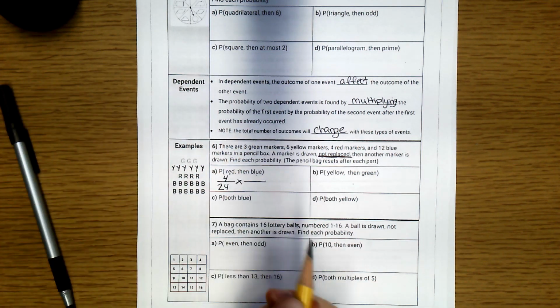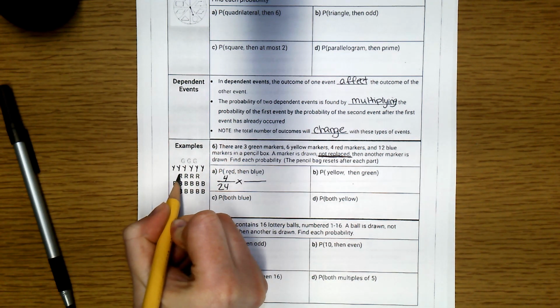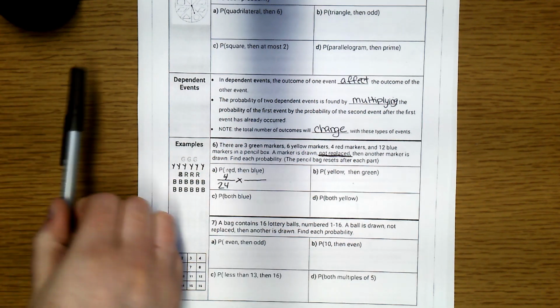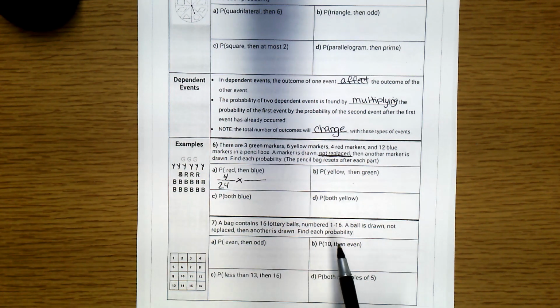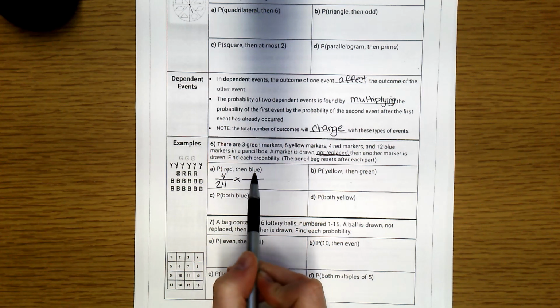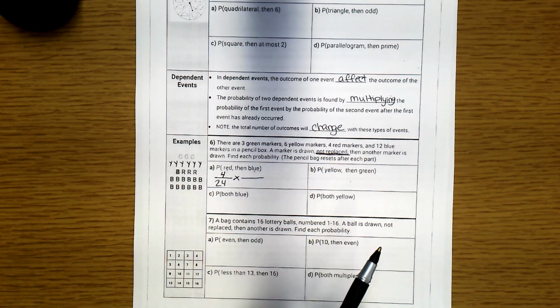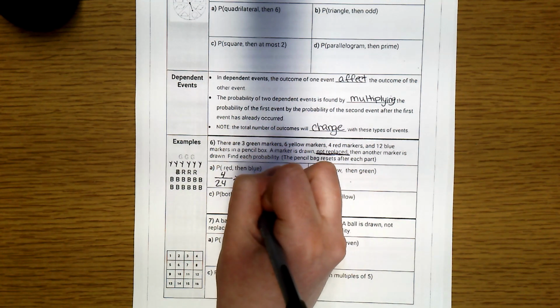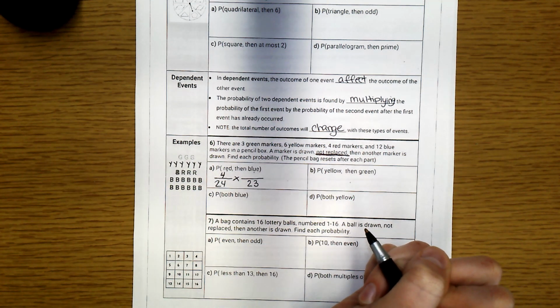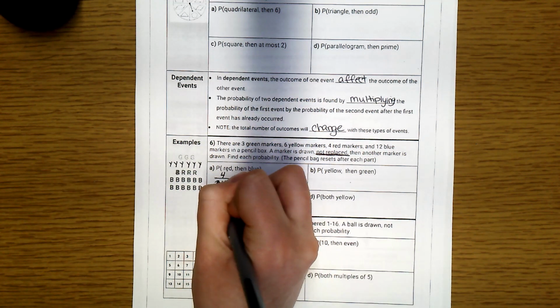Let's say I get what I want and I get a red marker. If you are going to X this out with me though, just make sure you do it in pencil so that we can bring it back for the next part. So we have just taken away a red marker. That means that when I go and pick a blue one, there is 1 less marker in the box. Ooh, I've written down the wrong numbers for you.